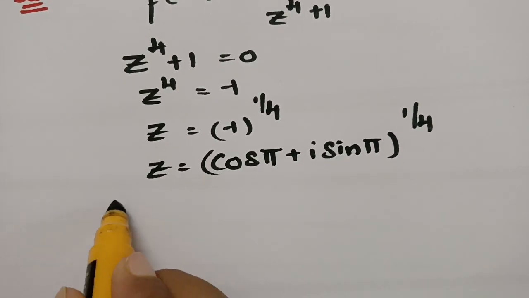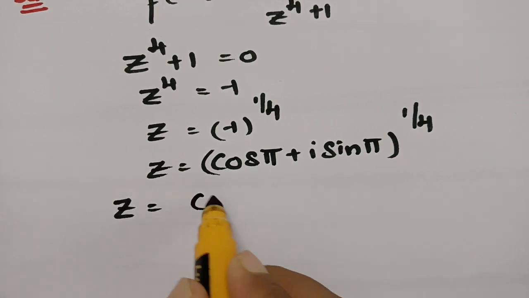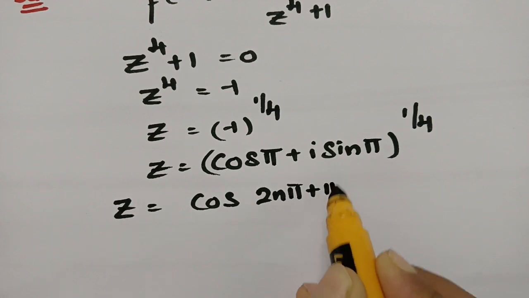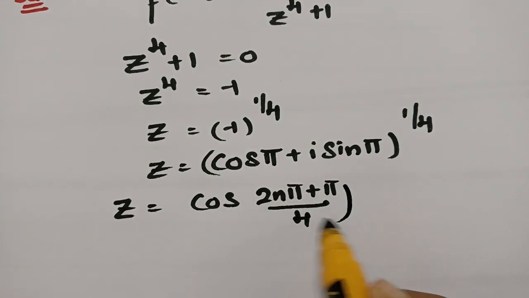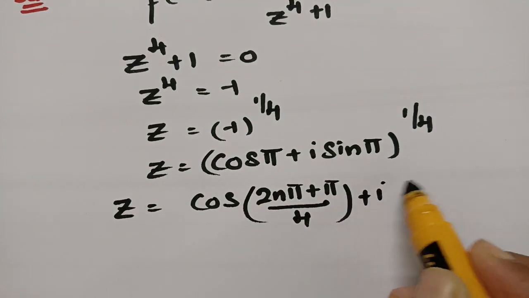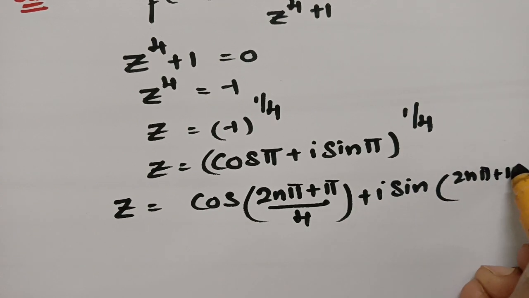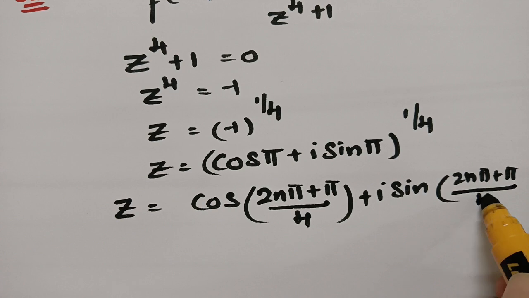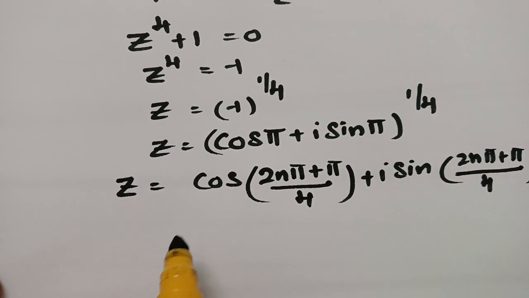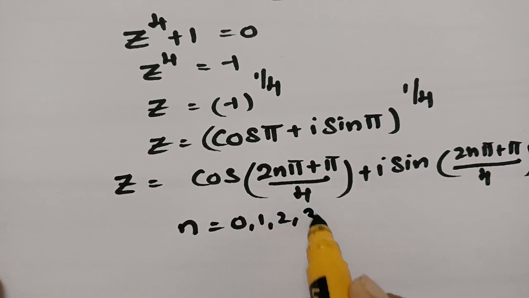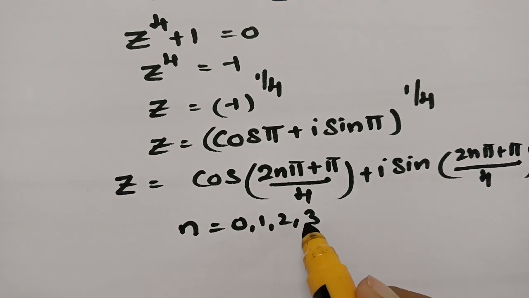So in general, I am writing z is equal to cos of (2n pi plus pi) by 4 plus i into sine of (2n pi plus pi) by 4, where n ranges from 0, 1, 2, 3. These are the poles obtained when we equate the denominator of the function to 0.